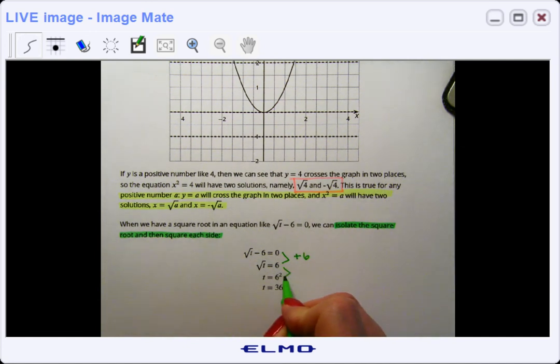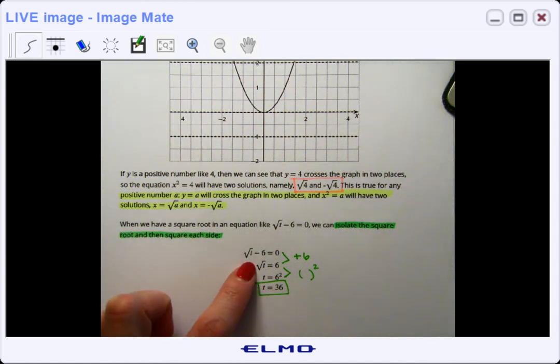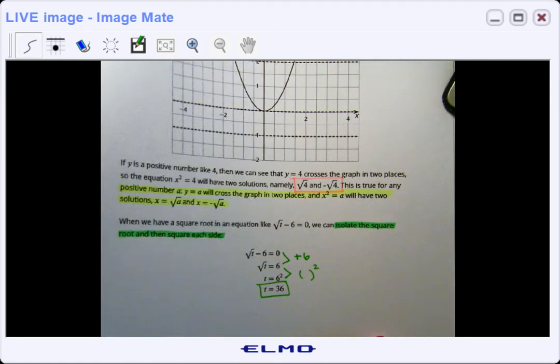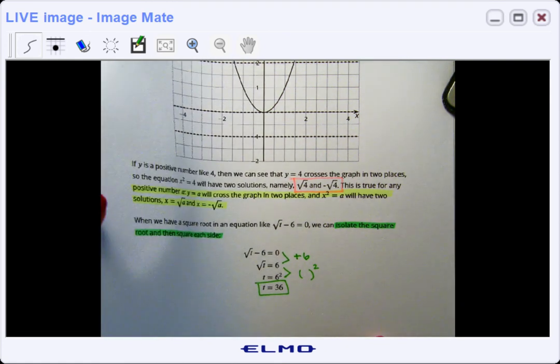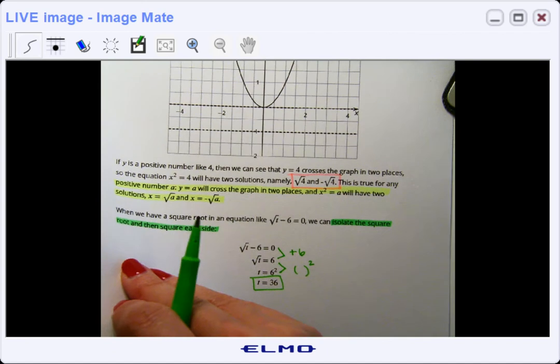To get from here to here, we square both sides of the equation, and then obviously this will be the solution. You always want to check, though, to make sure, because sometimes when you follow this process, it looks like you have a solution, but it doesn't actually work. That's going to happen on the next page, which is the end of the lesson summary.